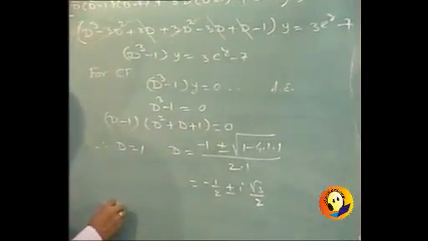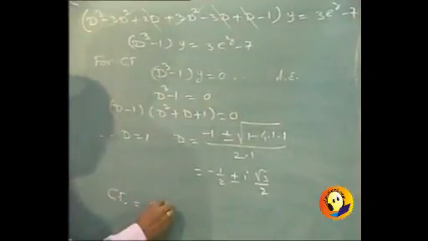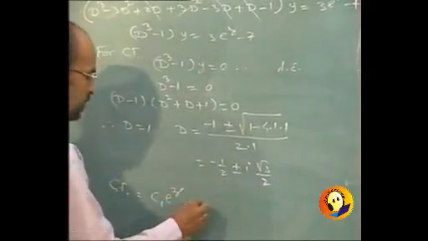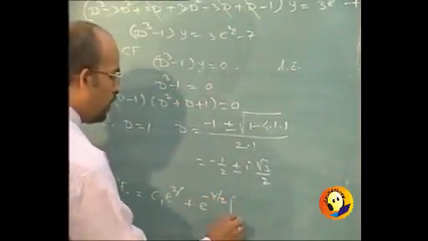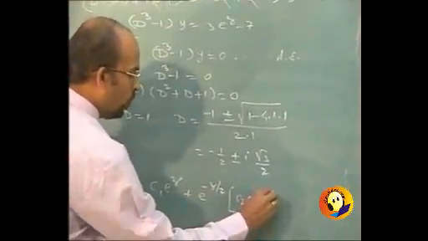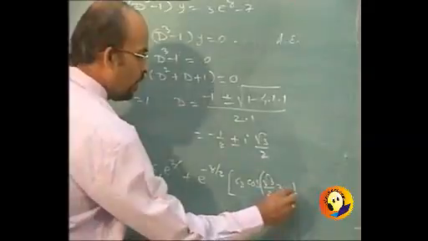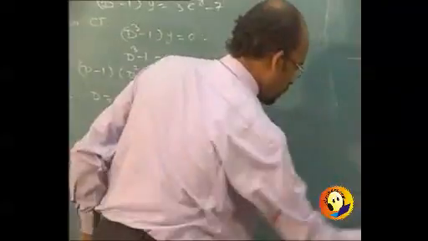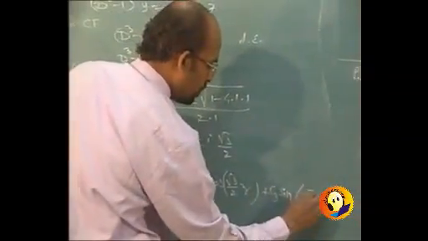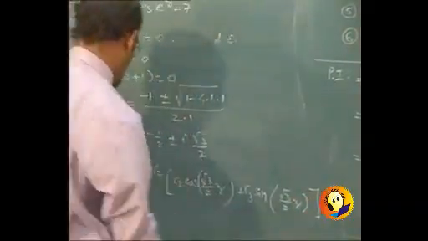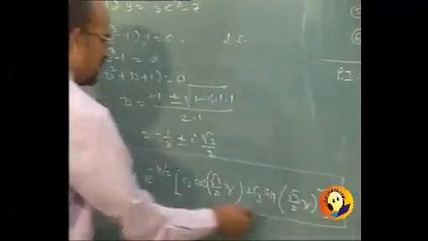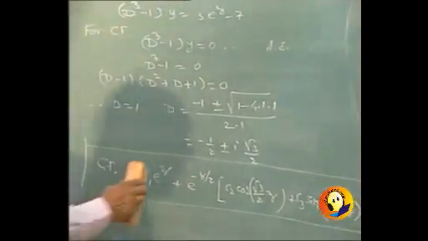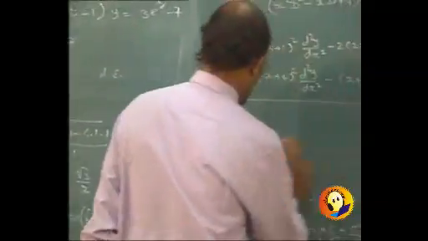CF will come out to be C1 e raised to z, we should be careful, plus e raised to minus z by 2 into bracket C2 cos of root 3 by 2 z plus C3 sin of root 3 by 2 z is CF. Cubic equation, we should get 3 constants in the complementary function.